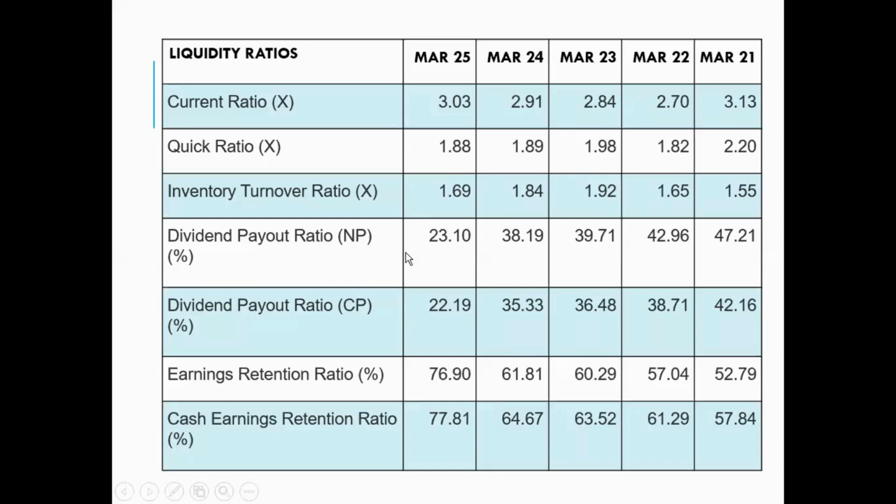Dividend payout ratios are 23.10, 38.19, 39.71, 42.96, and 47.21. Dividend payout ratios are 22.19, 35.13, 36.39, 38.71, and 42.16.